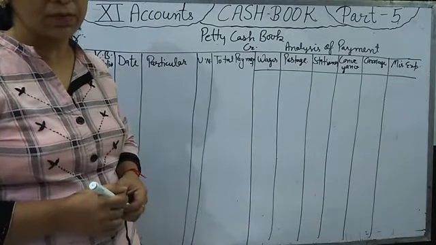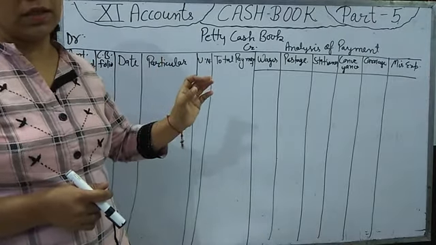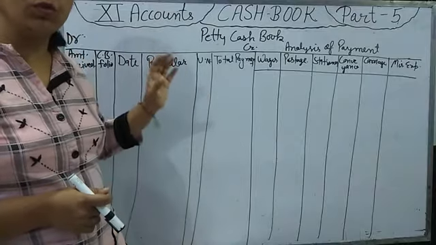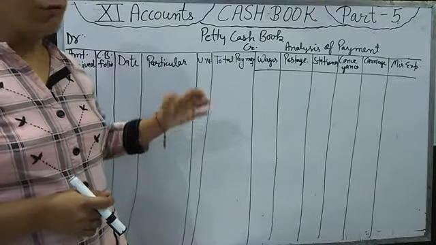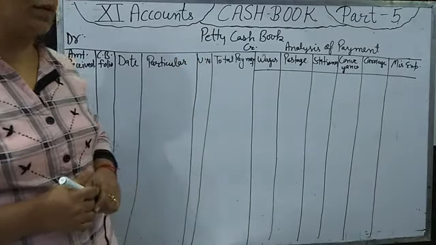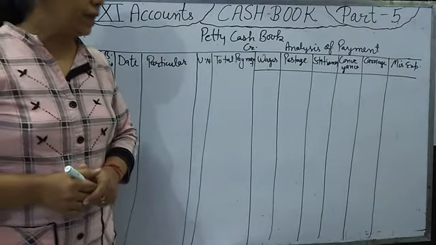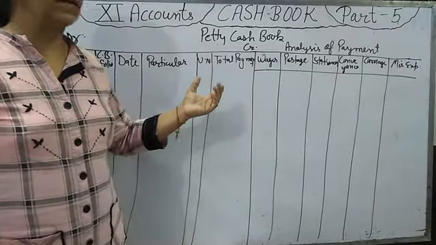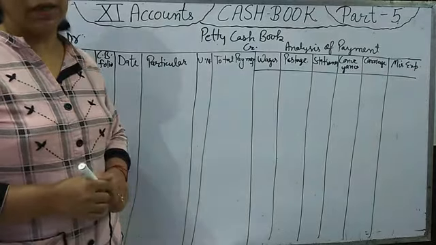If we mention all these small expenses in a single column or double column cash book, then our cash book will be too lengthy. So for these small expenses, a separate cash book is prepared, that is the petty cash book. In petty cash book, we record all the small expenses, mostly those less than 100.